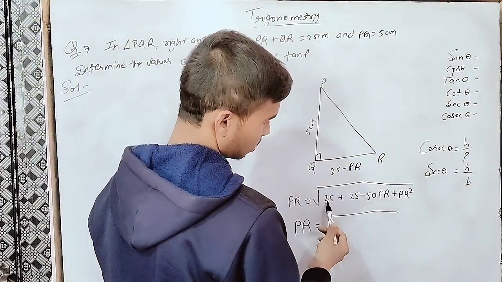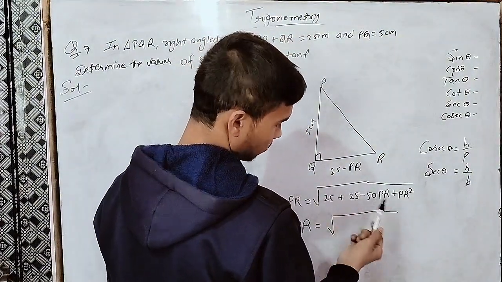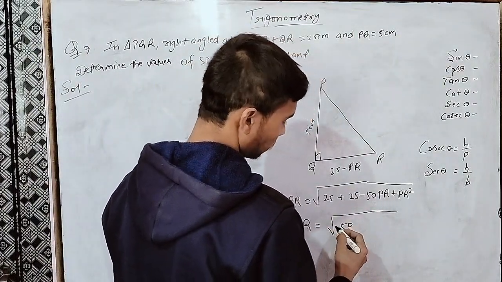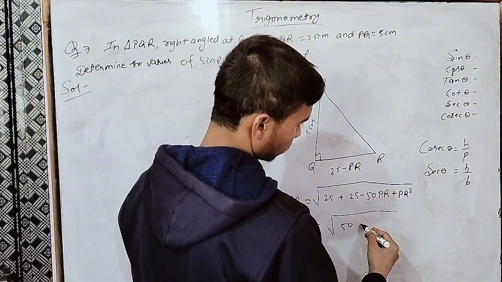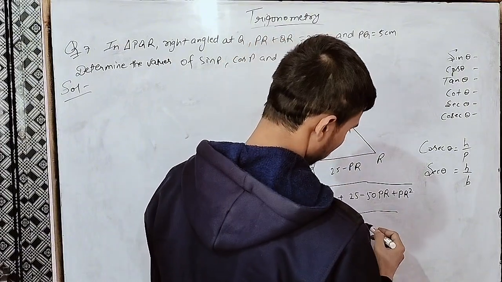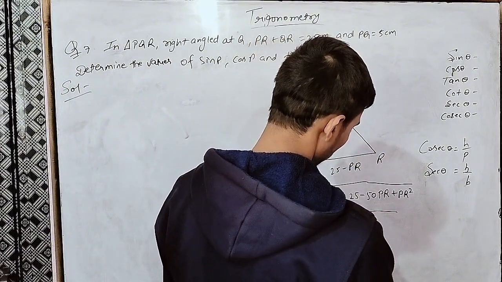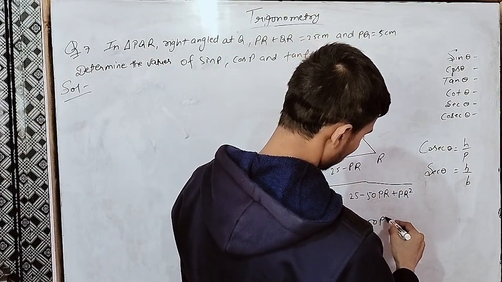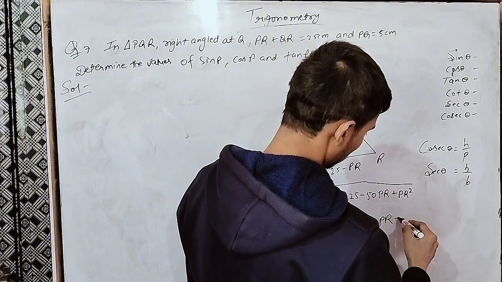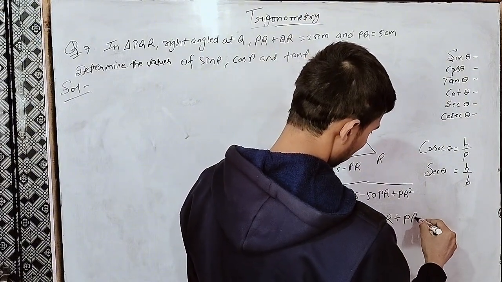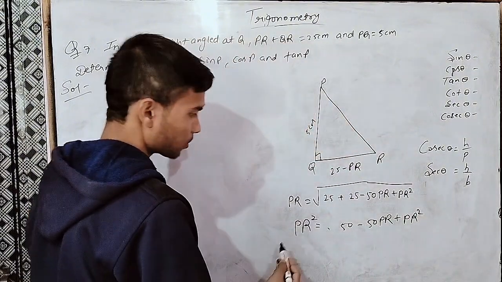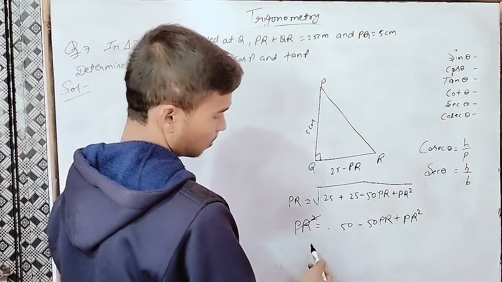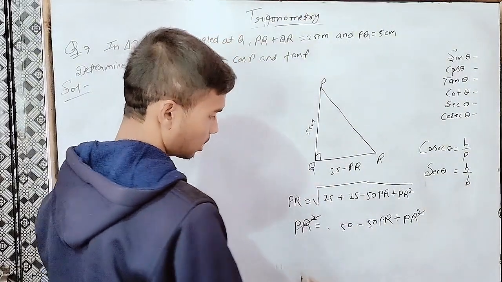Then here we have 25 squared, then minus PR squared will get cancelled out.